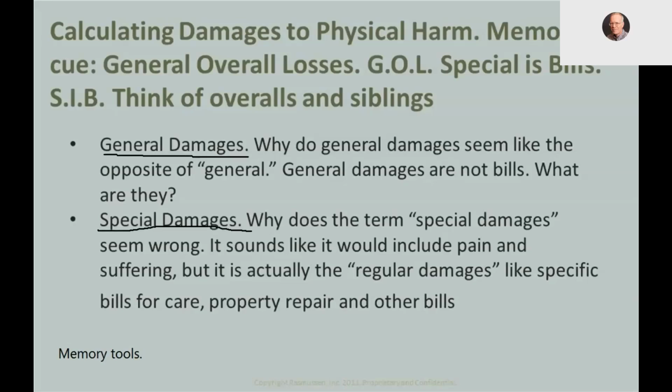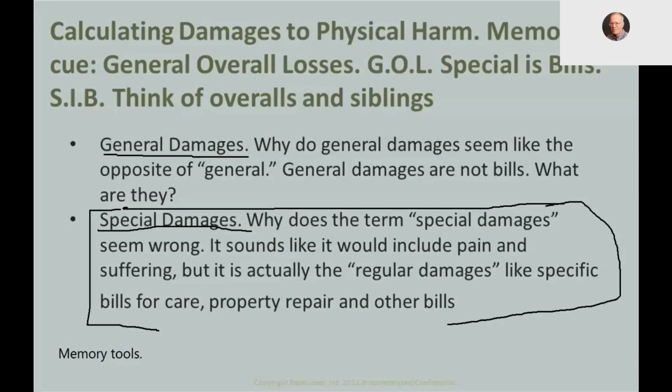Special damages makes it sound like it's something special or hard to understand. But special damages are actually what, before I studied this, I would have thought were the regular, ordinary damages. If you have specific bills for personal care, property repair, and other bills, those are special damages.